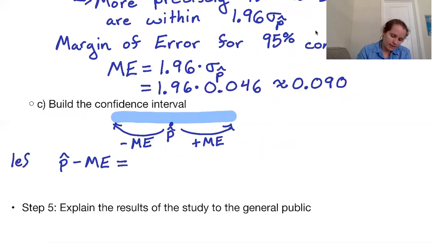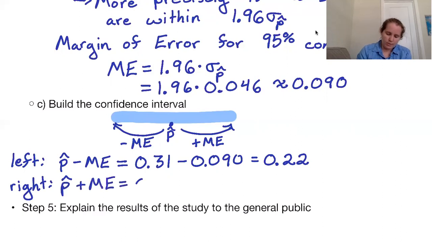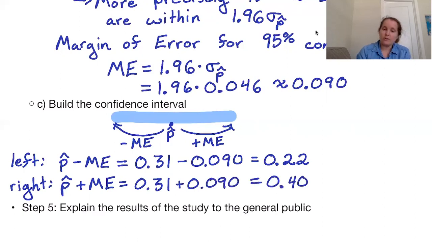So we have 0.31 minus 0.090, otherwise known as 0.22. For the right side, we are looking at p hat plus our margin of error. So 0.31 plus 0.090, otherwise known as 0.40.